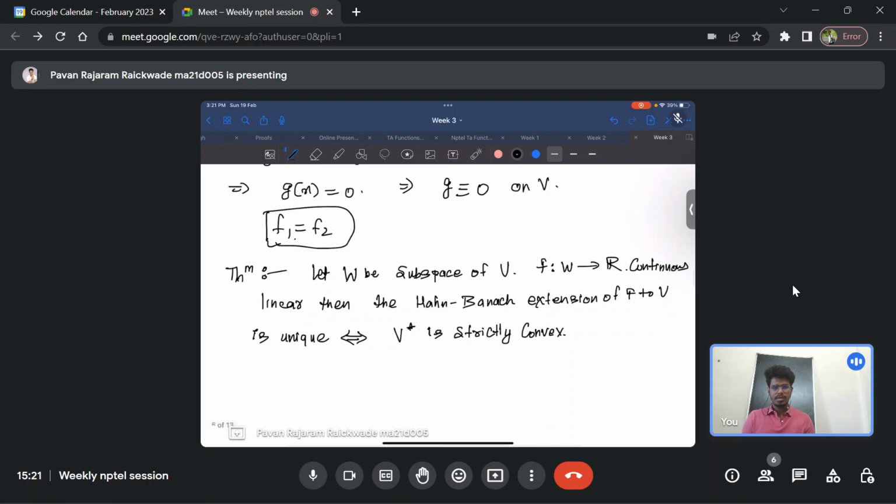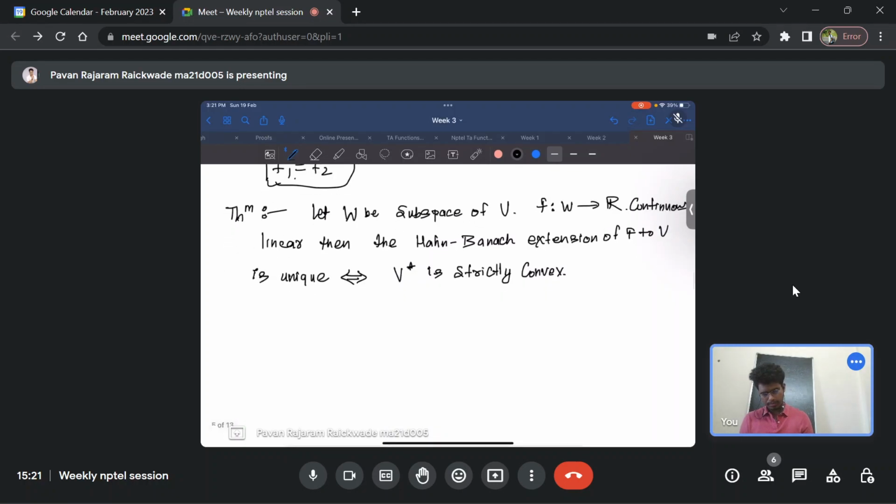Sir has, I guess, proved this theorem in one of the lectures of this week. So we'll use this theorem in the current question.